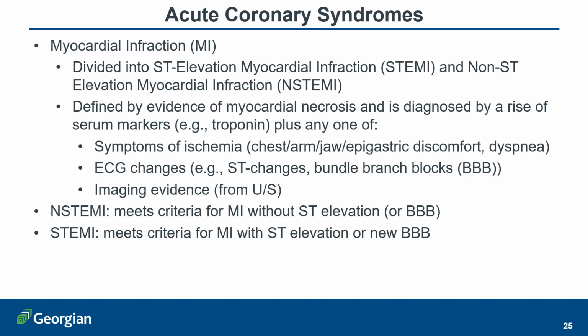So a non-STEMI meets the criteria of myocardial infarction as listed above without ST elevation on the ECG or a bundle branch block. A STEMI, on the other hand, is that there is a rise in troponin plus ischemia, imaging evidence, plus there is ST elevation or a new bundle branch block.